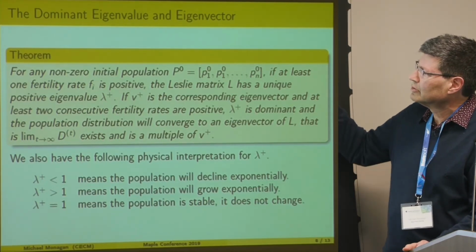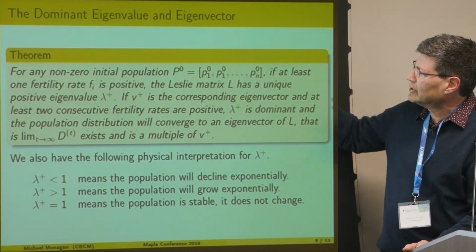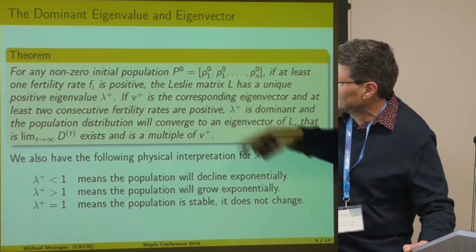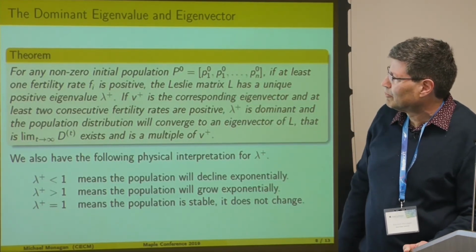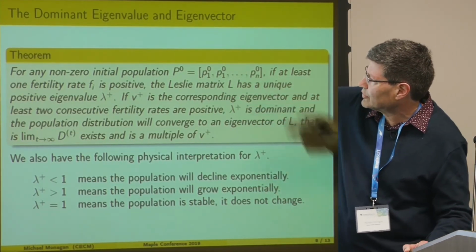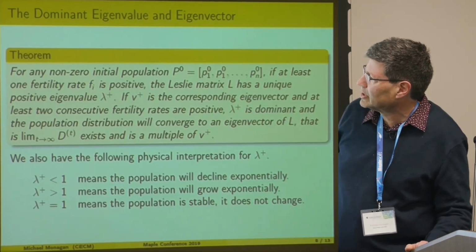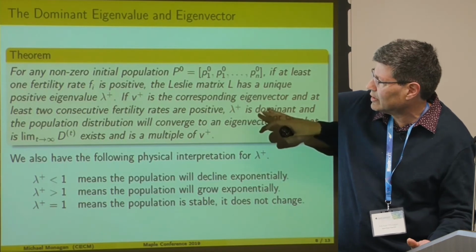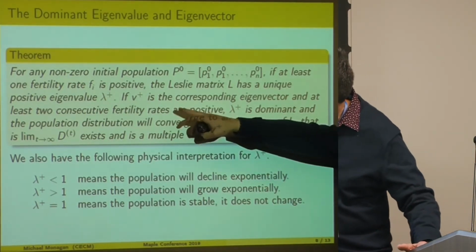I'll read it with you. For any non-zero initial population with the P_i's positive, at least one of them positive, if at least one fertility rate is positive, then the Leslie matrix L has a unique positive eigenvalue lambda plus.